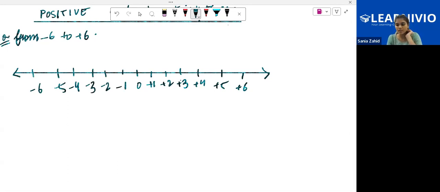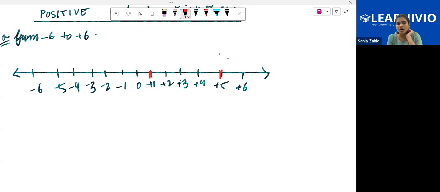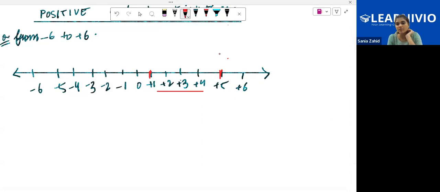Now I tell you to mark the numbers which lie between +1 and -5. No, +1 and +5 only. So what will you do? You see where +1 is, over here, and where +5 is, over here. How many numbers are between them? You have 2, you move one more step, you have 3, then one more step, you have 4. So you have 3 numbers in between.